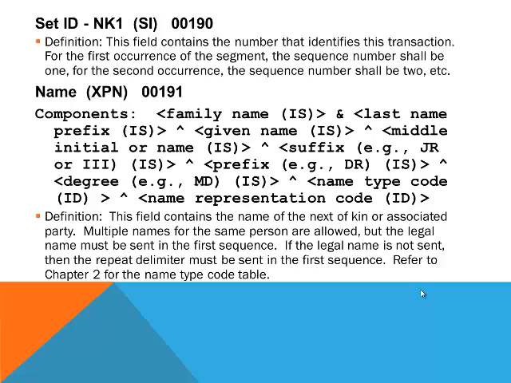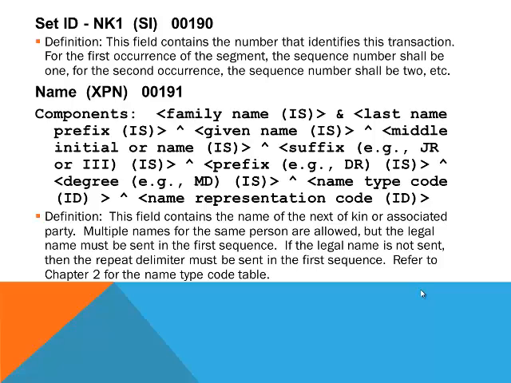The first, set ID, is the same as in the PV1 segment. That means this field contains the number that identifies this transaction. For the first occurrence of the segment, the sequence number should be 1. For the second it should be 2, and so on.